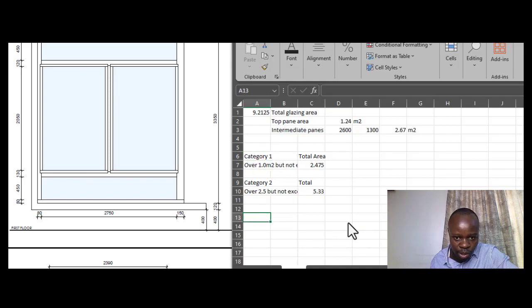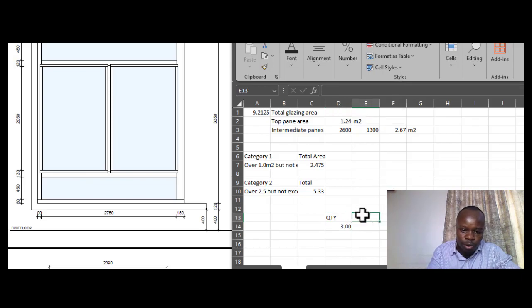Okay, yes. So supposing that you are doing your BQ for the glazing for the windows, you will have to describe it in this order, because your description is only going to have one category at a time. So you will have the total area as quantity, and in this case, if you round it up, you will say 3 square meters, 3.00.